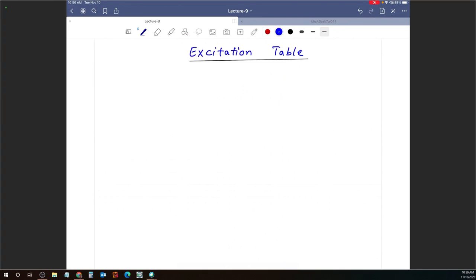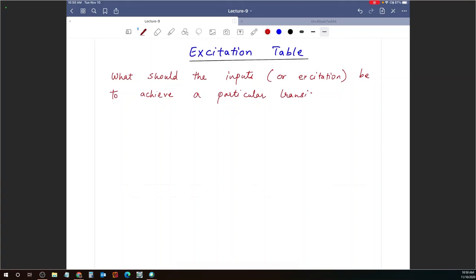This is essentially going to answer the question: what should the inputs, or excitation, be to achieve a particular transition at the output of a flip-flop.